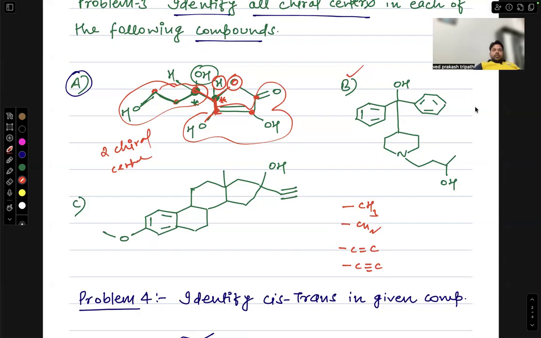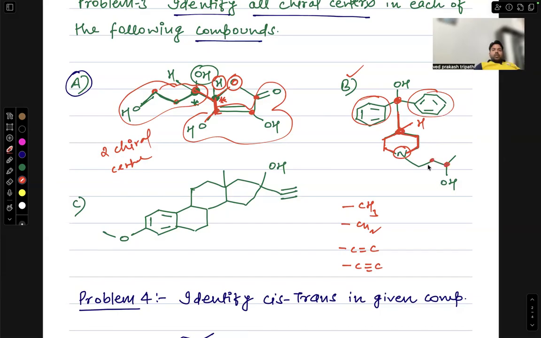Yeah, very good. Perfect. Look, this is not chiral because the left ring and the right ring are identical, so two same sides. Now look at this position. This upper carbon chain is definitely different, hydrogen is different. But now look at the left and right branch: CH2, CH2, CH2, CH2, and then nitrogen is common for both. So this carbon is not a chiral carbon. Now look at this OH containing carbon.